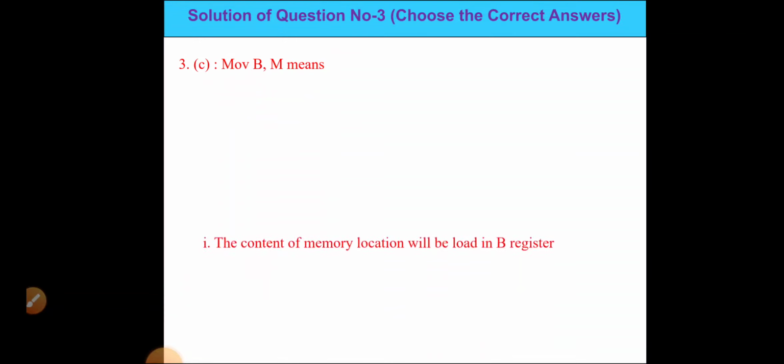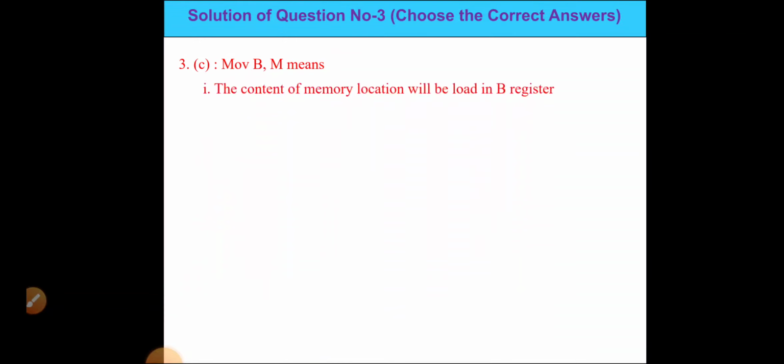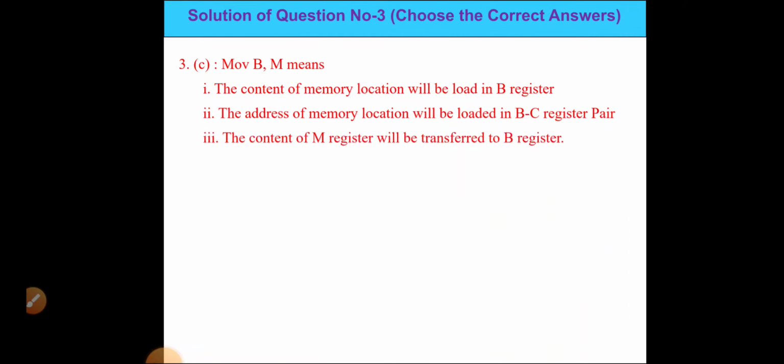Next question: MOV B, M means the content of the memory location will be loaded in register B, the address of the memory location will be loaded in B register, the content of the M register will be transferred to B register, or the content of B register will be moved to memory.